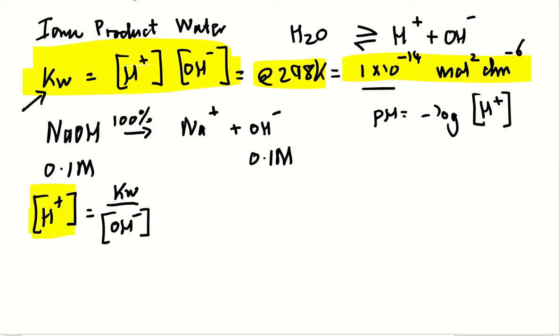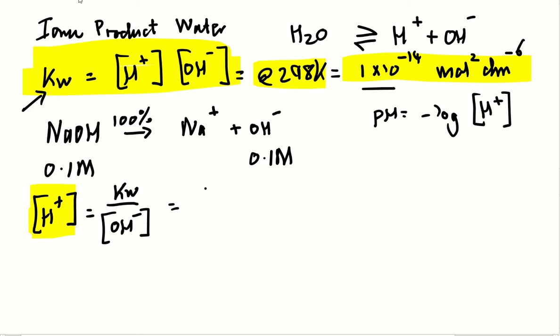Well, there are hydrogen ions in there. There just happen to be an awful lot more hydroxide ions. So because the product of the hydroxide ions and the hydrogen ions is 1 times 10 to the minus 14, we can use that to work out how many hydrogen ions are in it. Obviously it's going to be a very small number, but nonetheless we use it to get this pH.